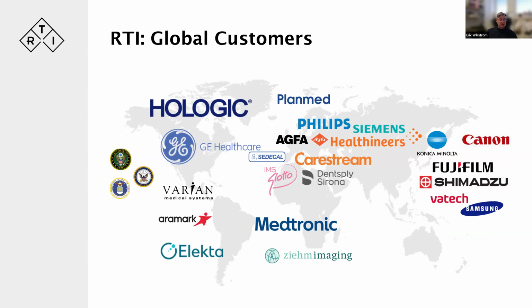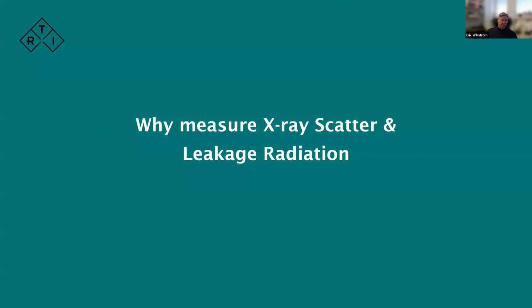But of course, all others, we're working with Siemens, Canon, Samsung, Carestream, all larger manufacturers in the world to ensure that we have a well-functioning system for X-ray QA and testing. So that was a little bit of background on RTI, just for those of you who don't know that.